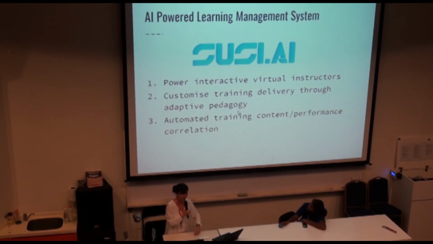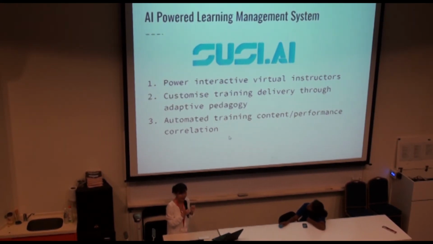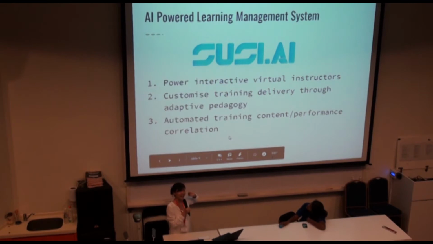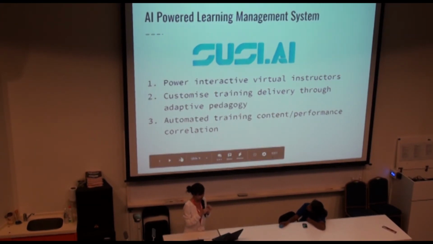If you want to do it like a human, you have to take out every single paper and match it with your original curriculum. Suzy can help you do that by performing data analysis on the test results. So these are the three key advantages of applying artificial intelligence and a smart LMS. For example, next slide, please.